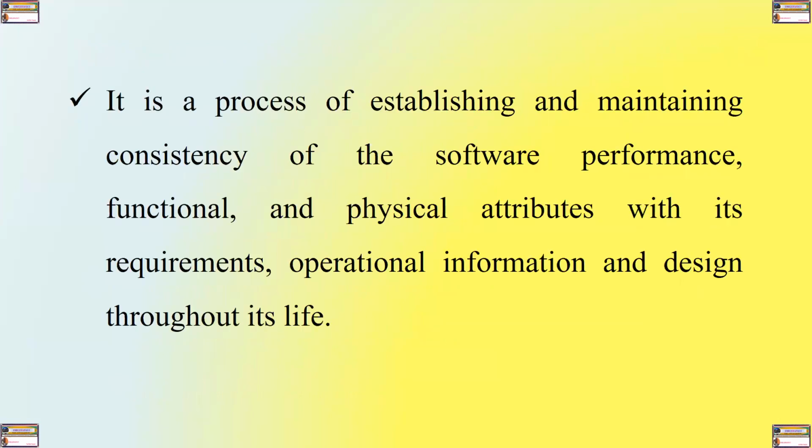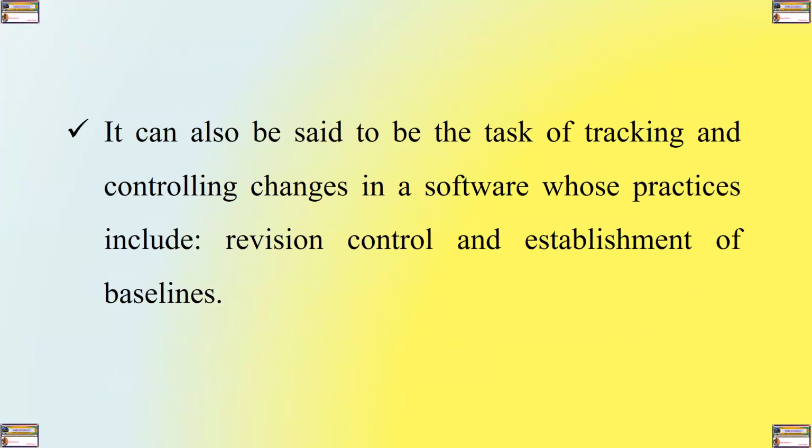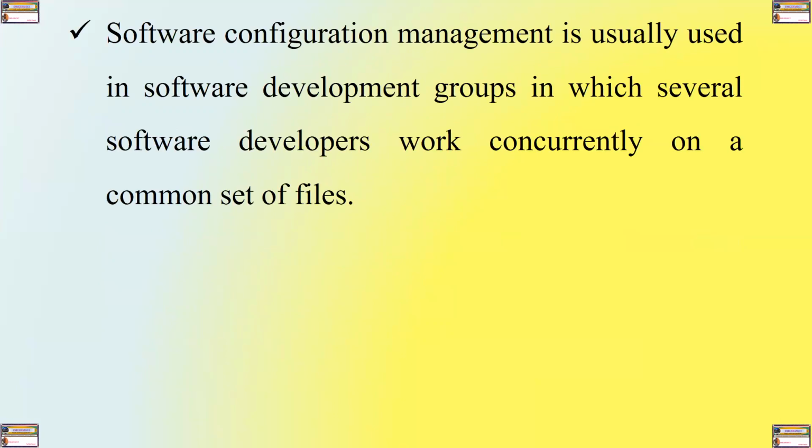It is a process of establishing and maintaining consistency of the software performance, functional and physical attributes with its requirements, operational information, and design throughout its life. It can also be said to be the task of tracking and controlling changes in software whose practices include revision control and establishment of baselines.